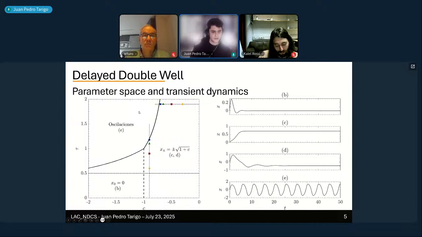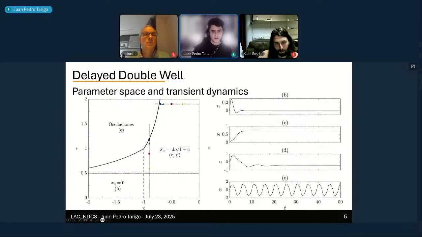And then in the top left, we have the Hopf bifurcation in the solid line, and the region where we have oscillations. And here is an example of transient dynamics in the three regions.